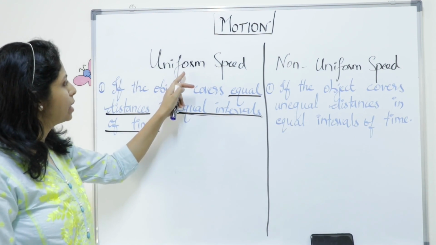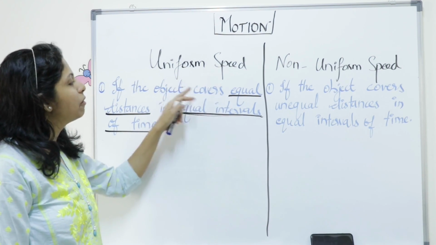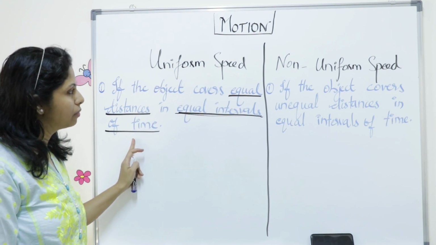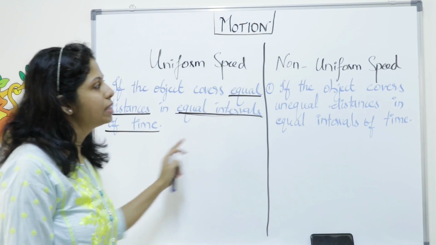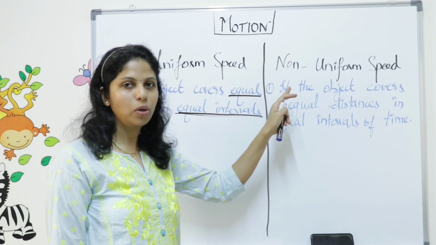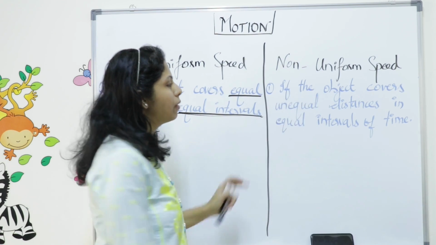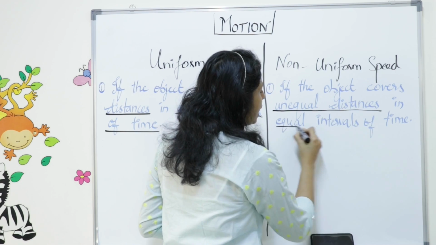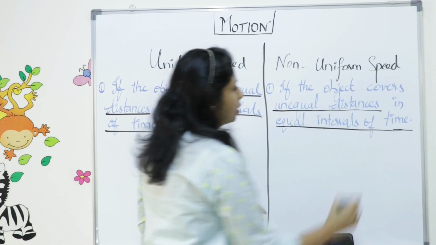So an object is said to be in uniform speed if it covers equal distance in equal intervals of time. And when is the object said to be in non-uniform speed? The object is said to be in non-uniform speed if the object covers unequal distances in equal intervals of time.